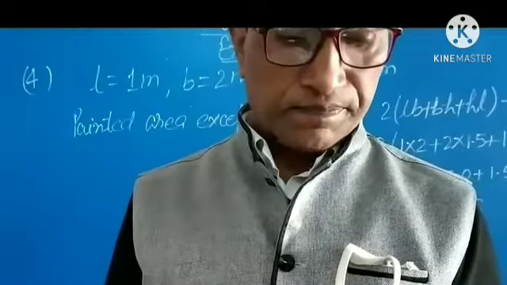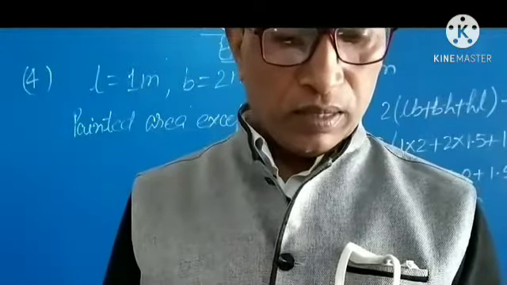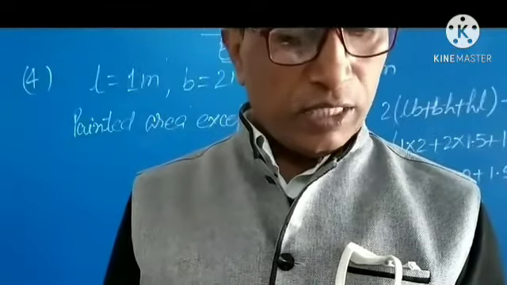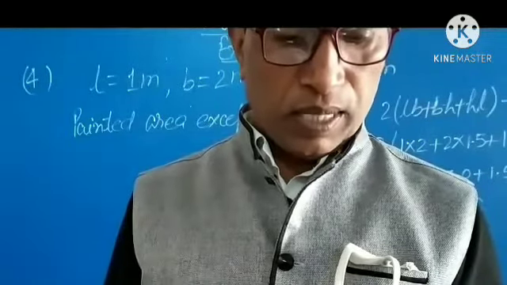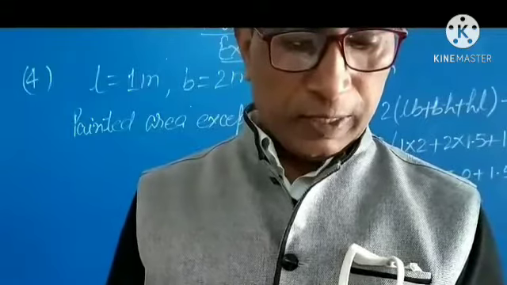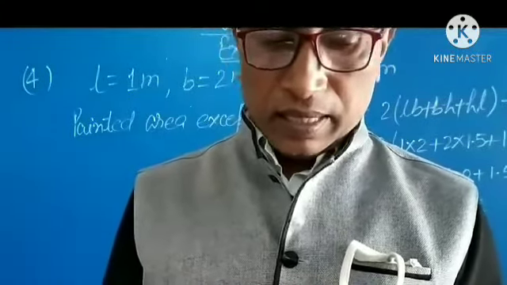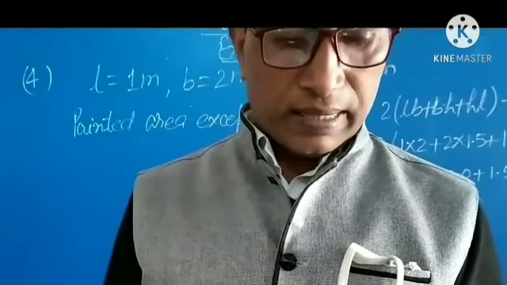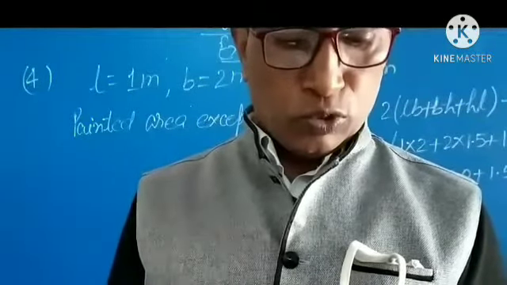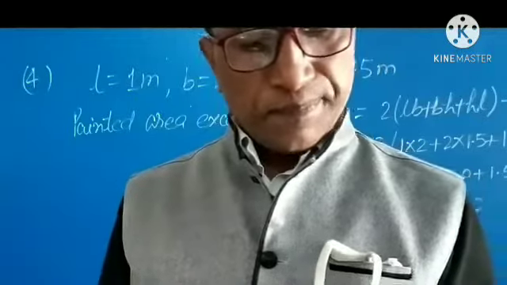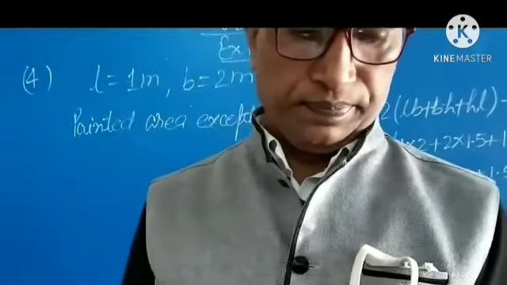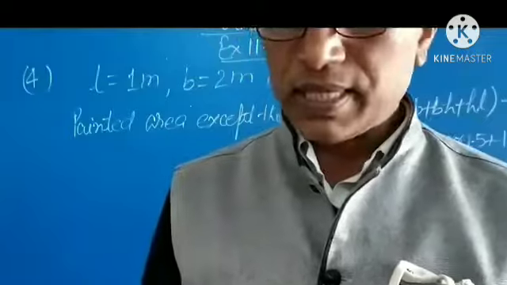This means you find out the painting area by using the formula area of the four walls plus area of the ceiling, and you divide that area by 100, you get number of cans which is used to paint the hall or room. Okay, in this question, first of all you write down length, breadth and height of the hall.